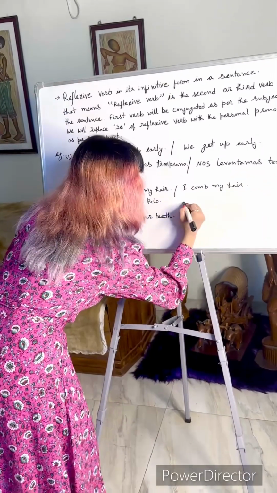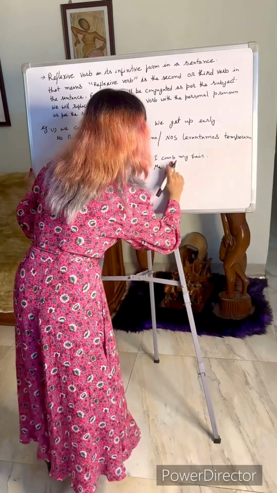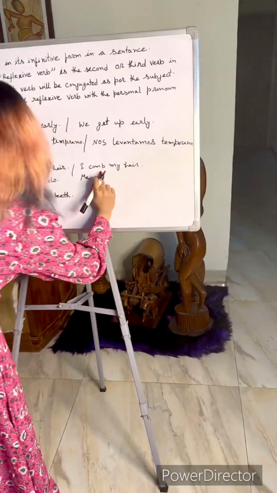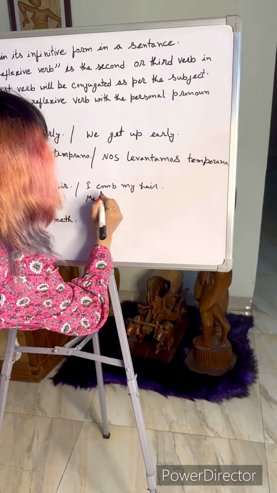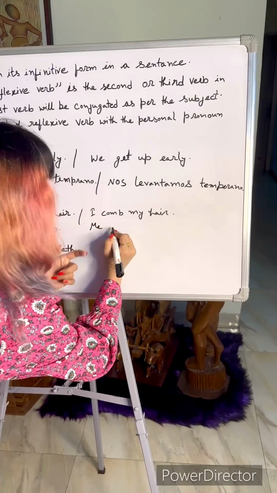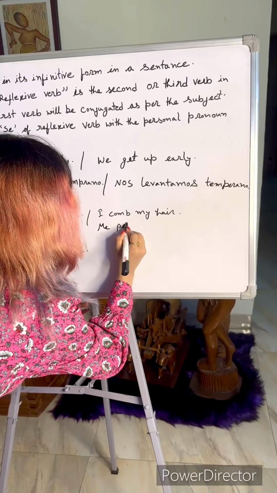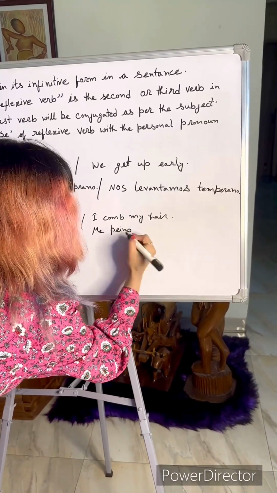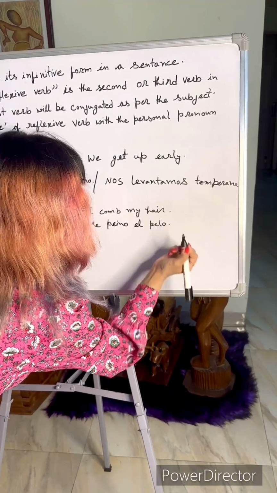So the personal pronoun would be me for I. Me. To comb is peinar, but we'll have to conjugate it as per the subject, because it is the very first verb of the sentence. Me peino el pelo.